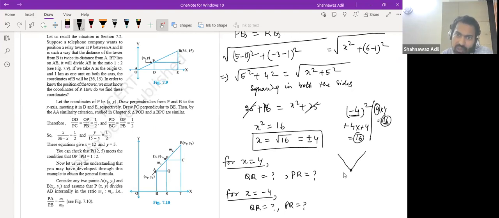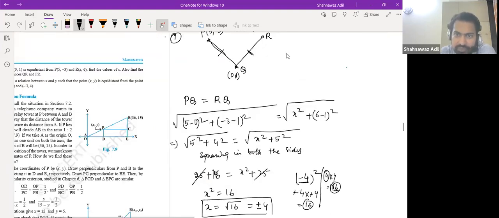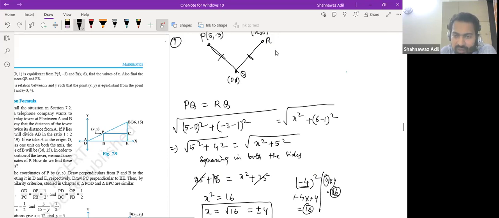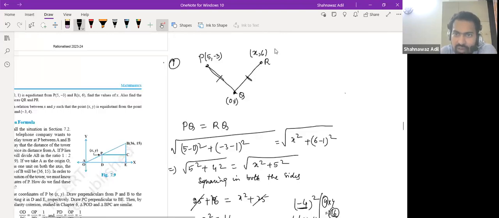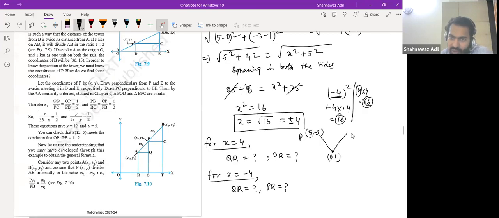We know that QR is what? So we need to find it again using the distance formula, because now we know the values. In this case we have Q which is 0 comma 1 and R is now minus 4, 6.